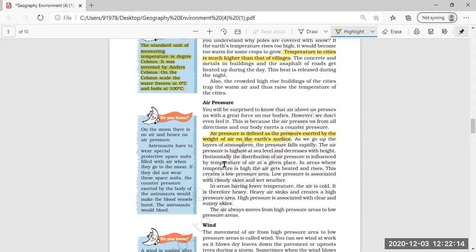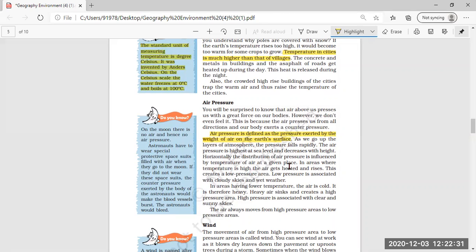As we go up the layers of the atmosphere, the pressure falls rapidly. The air pressure is highest at sea level.